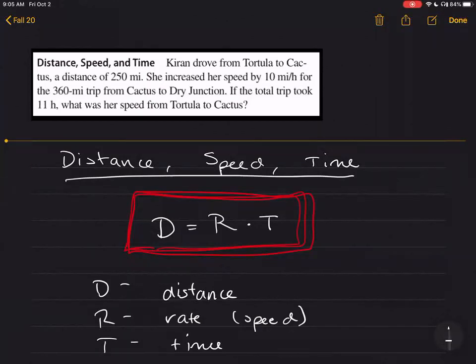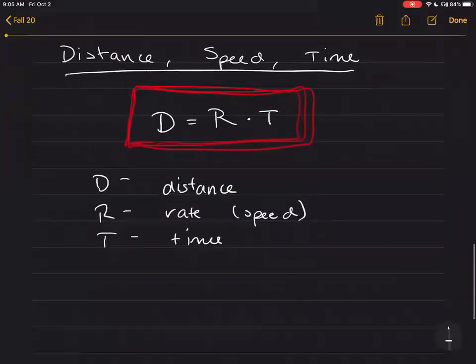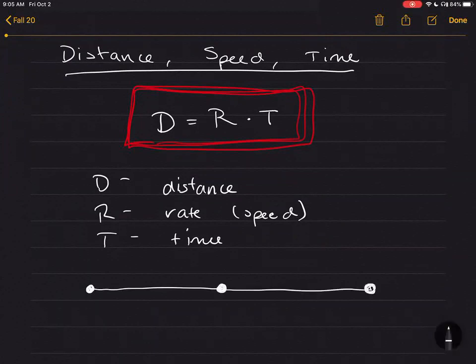Looking at our word problem here, we know that Kieran drove from Tortuga to Cactus, a distance of 250 miles. She increased her speed by 10 miles per hour for the 360-mile trip from Cactus to Dry Junction. Let's draw this a bit, because distance problems are very nice to draw pictures for. She started in Tortuga, went to Cactus, and then went to Dry Junction.